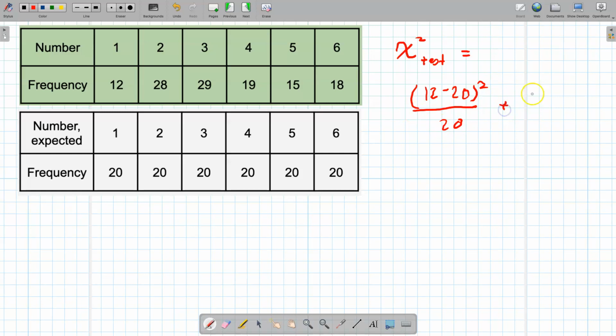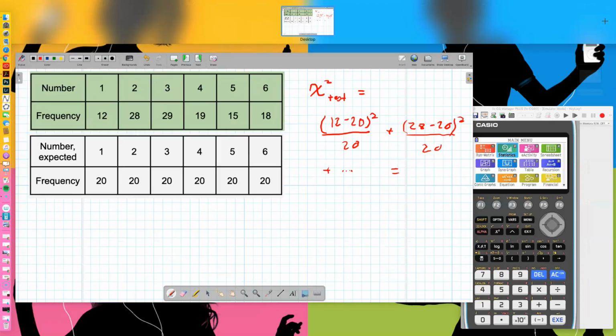So we're just going to keep doing that. So the second one is 28, take away 20. Now, I'm going to skip through doing this. I'd have to add all of these together and so on.